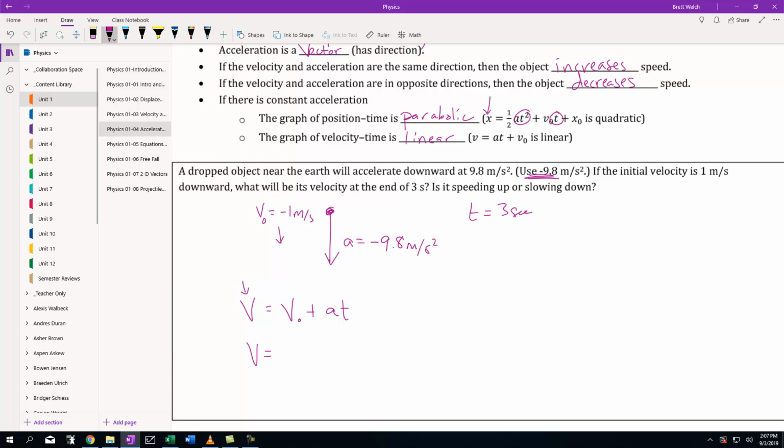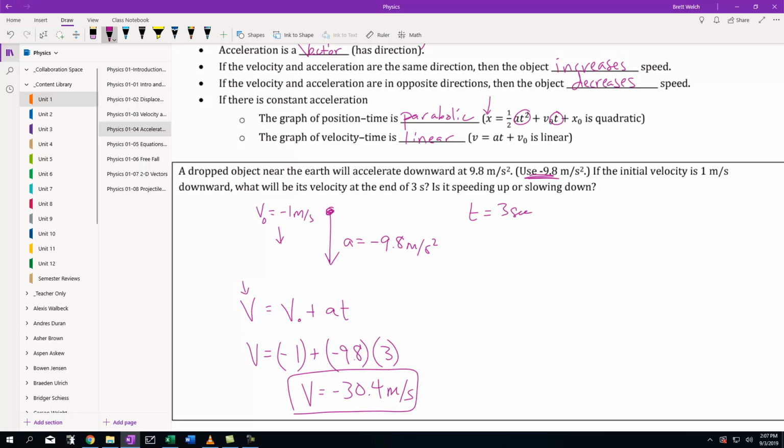It would equal the initial velocity, negative 1, plus negative 9.8 times 3. We add all of that up, v comes out to negative 30.4 meters per second.